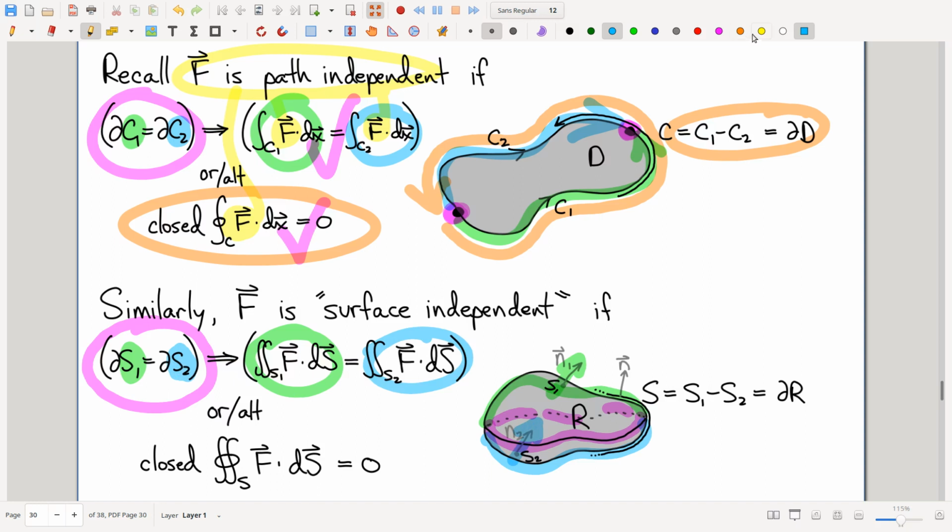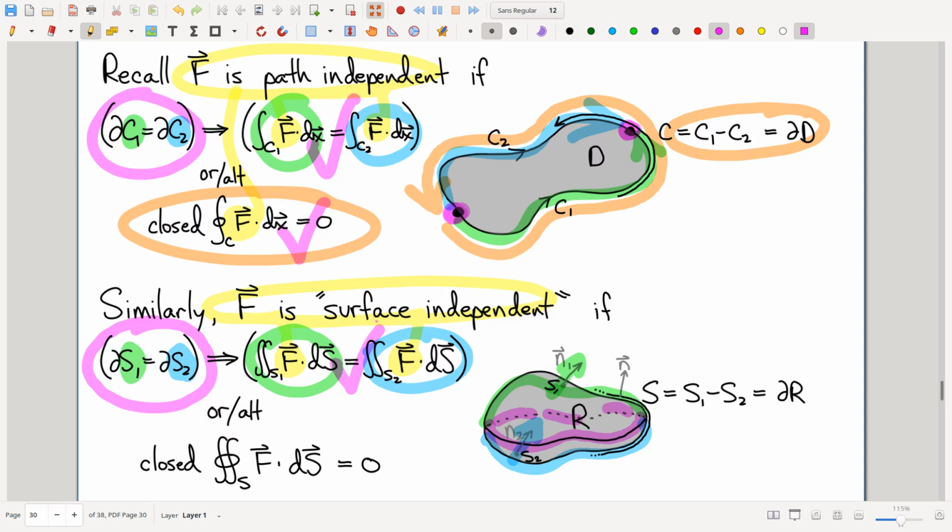There are special vector fields called surface independent, where just because of S1 and S2 having the same boundary, that mere fact alone allows you to conclude that those two fluxes are the same. So you see the strong analogy between surface independence and path independence. They're really, really similar. Shared boundary fluxes must be equal versus shared boundary line integrals must be equal.